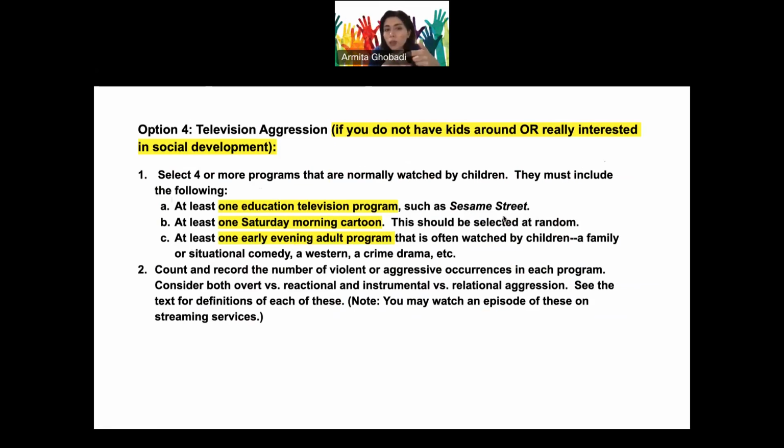You're going to count and record the number of violent or aggressive dialogues between characters. You're going to consider whether that kind of violence is overt, reactional, instrumental, or relational. I know maybe you would say, I don't know what is overt, what is reactional.